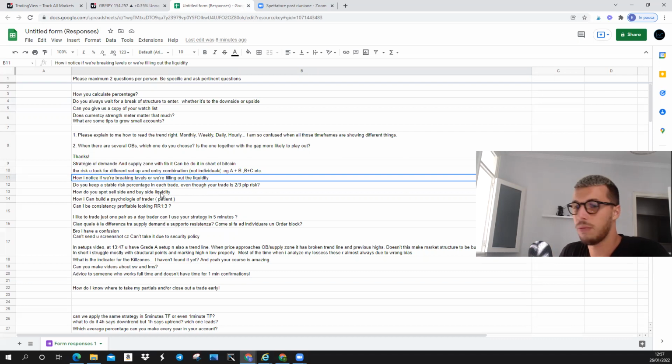Liquidity is very, I wouldn't say obvious, but you can see it most of the times if your eyes are trained to see liquidity, especially the most obvious ones, which are double tops, double bottoms, trend line liquidity, okay? And then there are some other forms of liquidity which are a little bit harder to see, like previous highs or previous lows, because some people might use the order block from that area when maybe it's just liquidity. And this really comes down to your understanding of market structure.